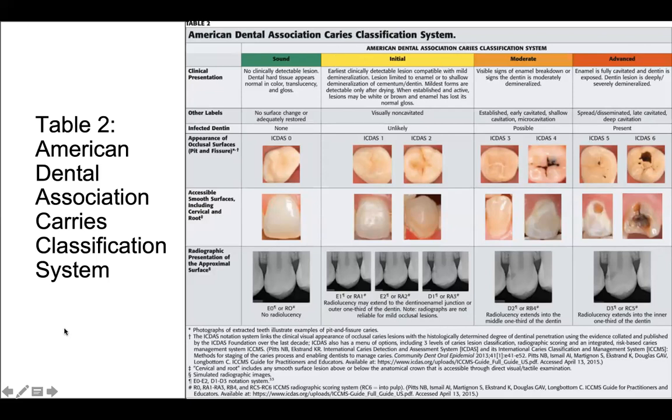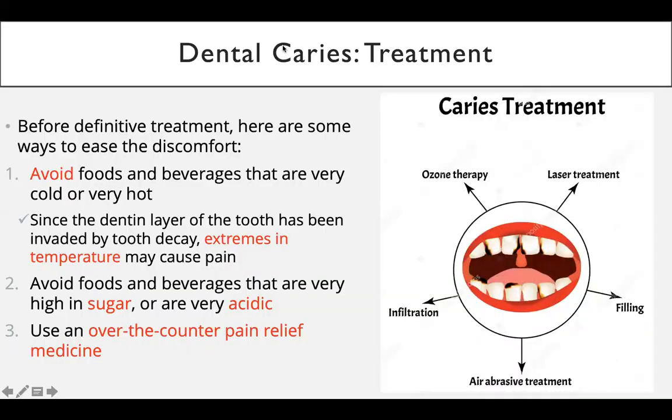Perfect. Next, now we go for the treatment. This is extensive treatment. Let's start our dental caries treatment. Before definitive treatment, here are some ways to ease the discomfort of dental caries. Avoid foods and beverages that are very cold or hot, so we avoid the pain, basically.